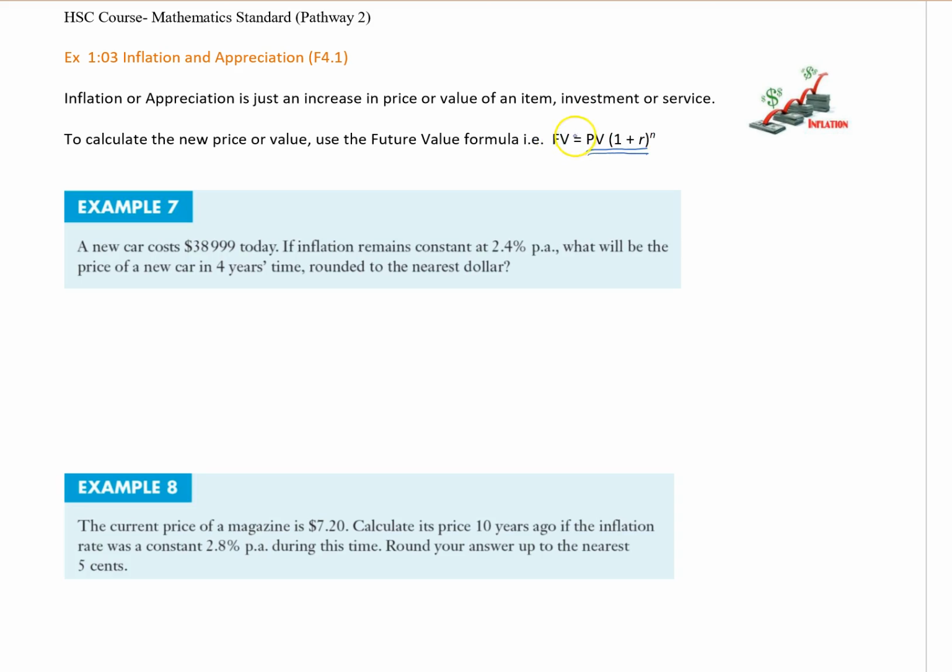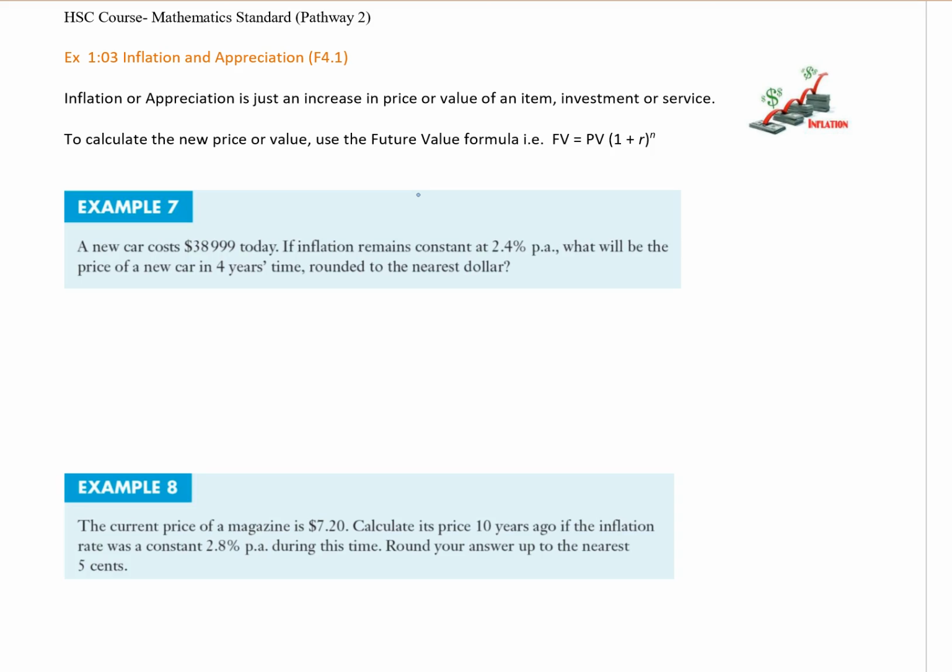However, if we knew the future value, and we knew the rate and the time, we could work out the present value, or likewise change up any of those. We can work out a particular variable that's actually in this equation.